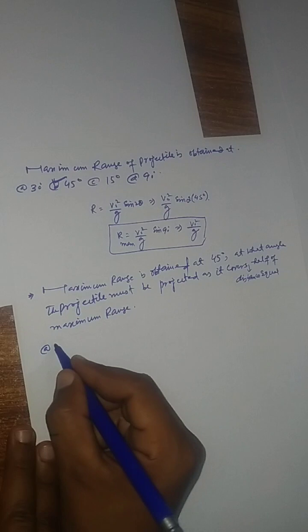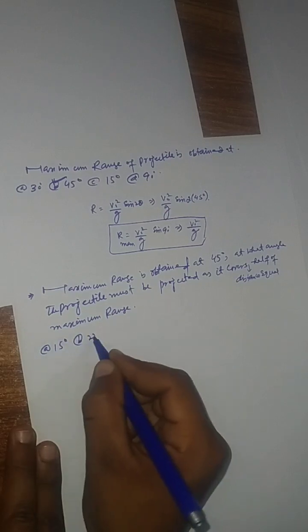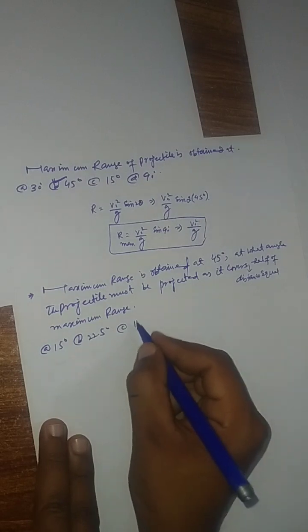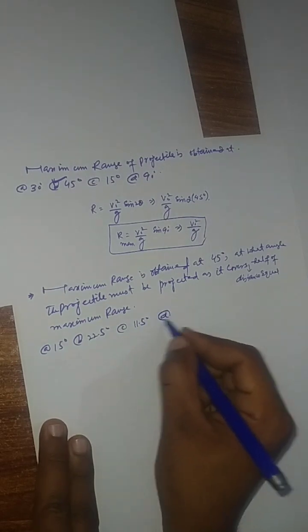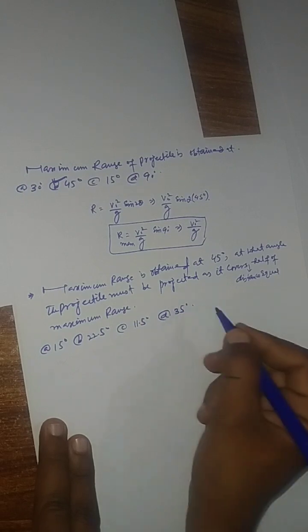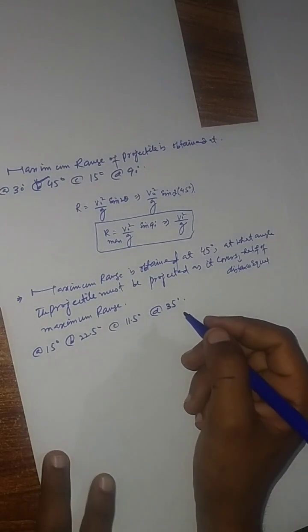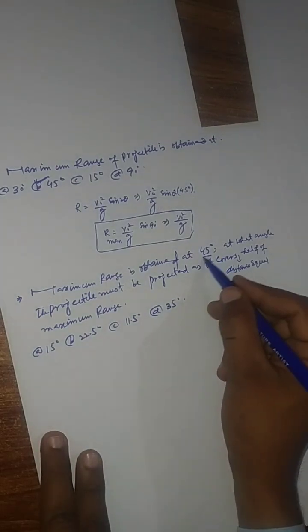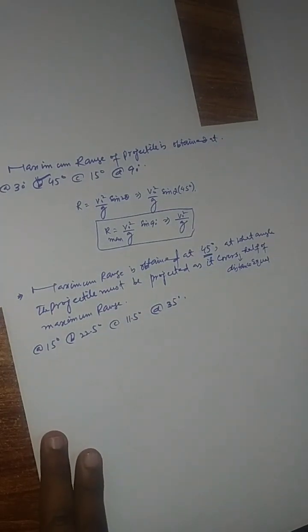Let's say 15, 22.5, or 11.5, or 35. Then we have the given data: the maximum range is obtained at 45. Then half of the maximum range we should obtain at what angle?